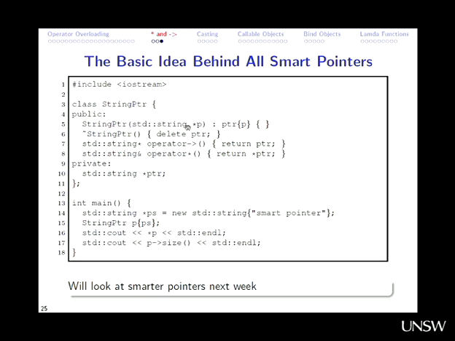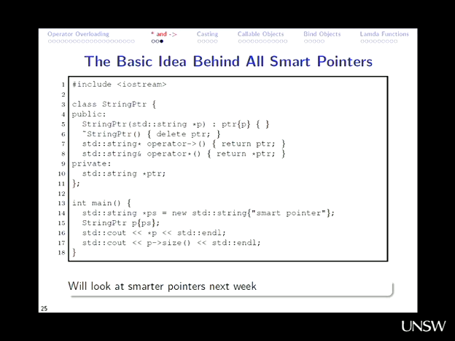We have a constructor that comes in and assigns the pointer to that value. So we copy that pointer. We don't copy from memory, we copy the pointer. A destructor deletes that pointer, so when it goes out of scope, it automatically deletes. The overloaded arrow returns the pointer, and the overloaded dereference star returns the dereference of that thing it's pointing to.